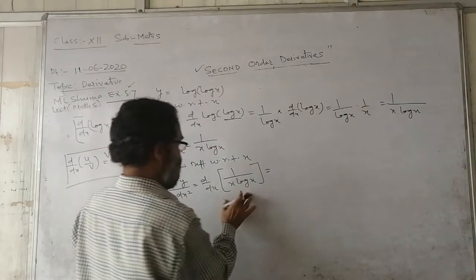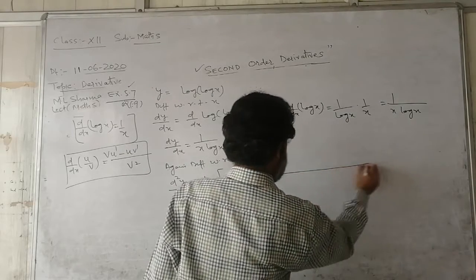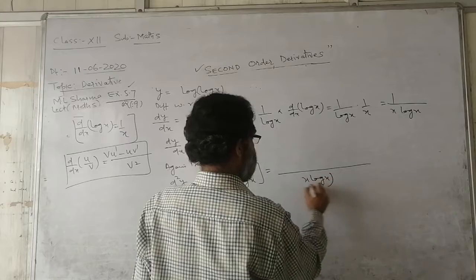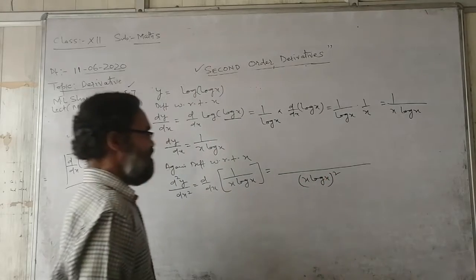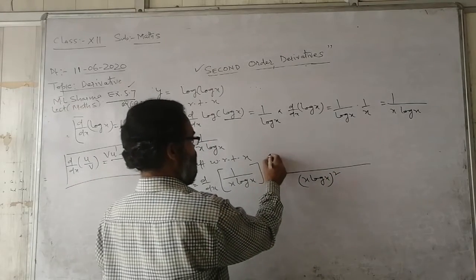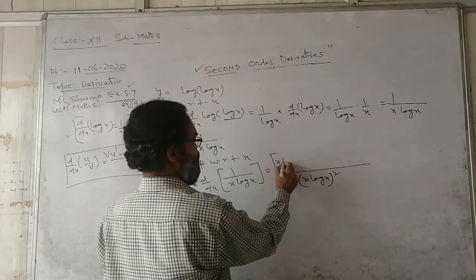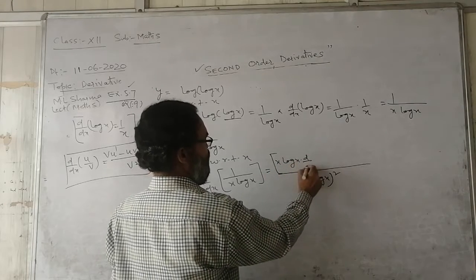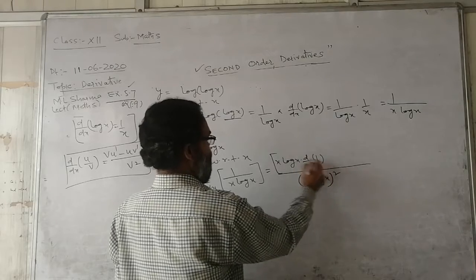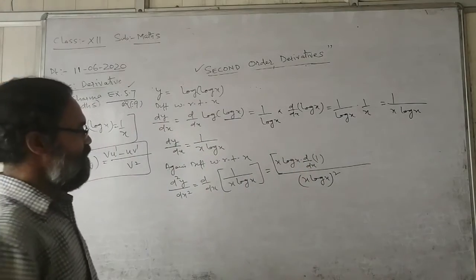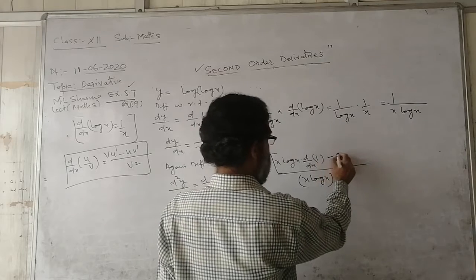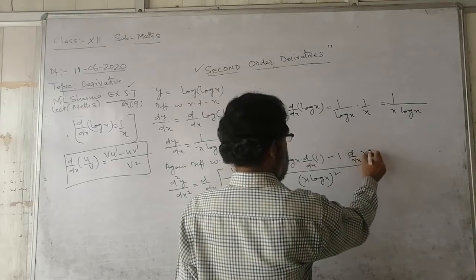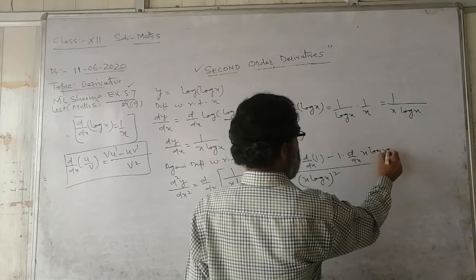Its derivative will be x log x whole square in the denominator. Then in the numerator, x log x into the derivative of 1, that is u, minus 1 into the derivative of x log x.